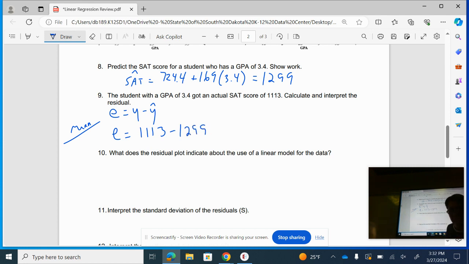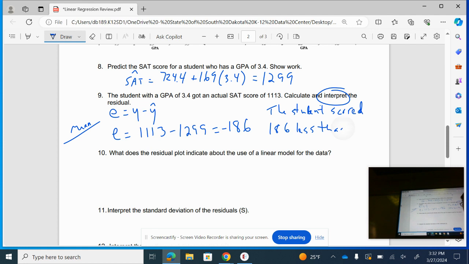The 1,299 is the prediction. And you subtract that, you're going to get negative 186. Now, what does that tell us? How do we interpret it? The student scored 186 less than predicted.